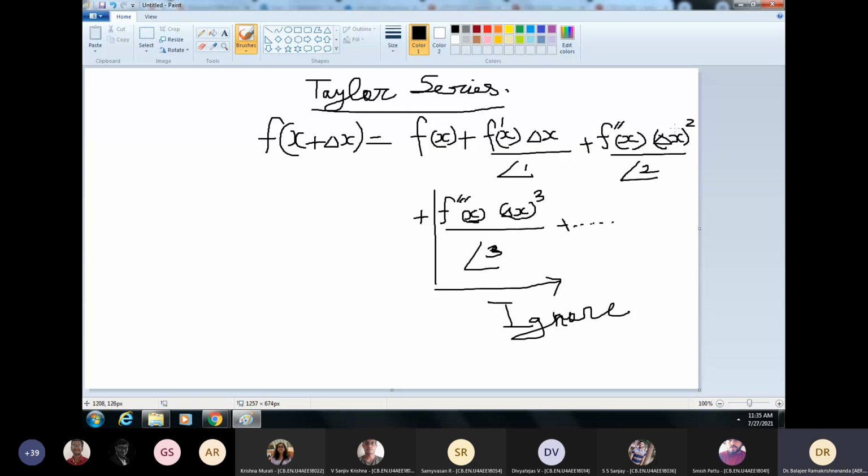This is only 10% of the previous. This one is 0.001, so this is only 1% of delta x. If I truncate at this point, the error I will commit will be 10% of delta x. If I stop here, it will be only 1% of my delta x. If I still include this term, I'll get only 0.1% error theoretically.